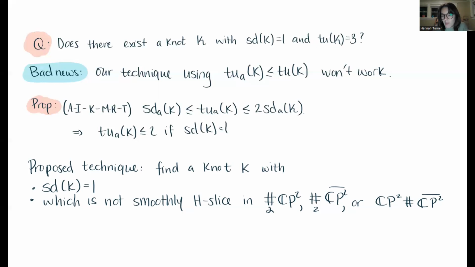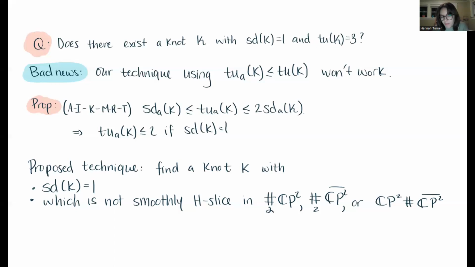So connect sum of CP2 with itself, connect sum of CP2 bar with itself, or this mixed case of CP2 with a CP2 bar. And the idea is, what's the relationship between these manifolds and the untwisting number?